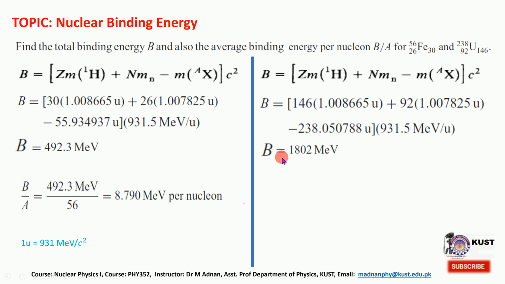So the binding energy for uranium 238 is around 1800 mega electron volt. Again, if one finds the binding energy per nucleon, that is again around 8 mega electron volt. So you see the binding energy per nucleon in these two examples comes out to be around 8, and the binding energy is different.